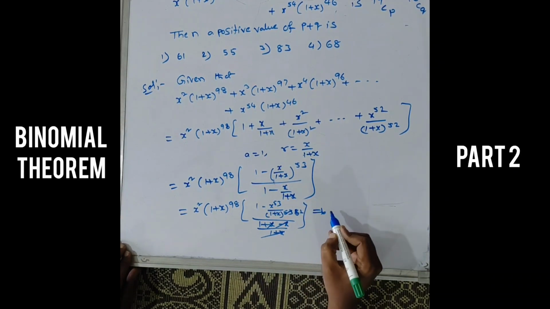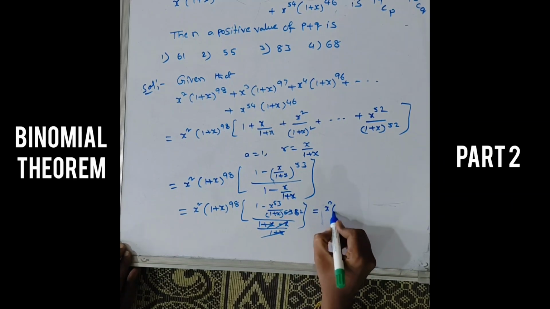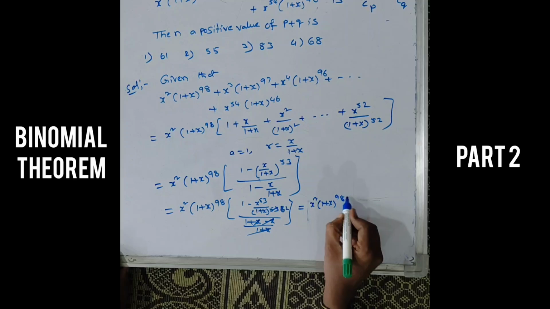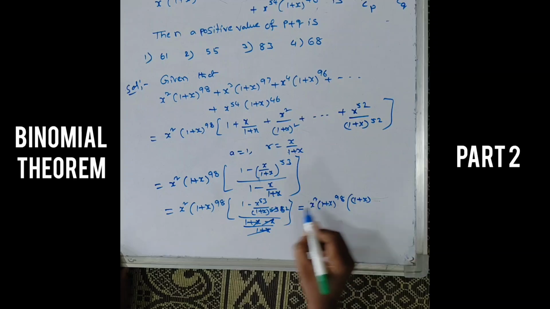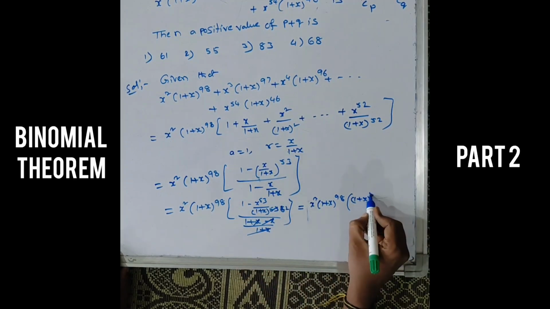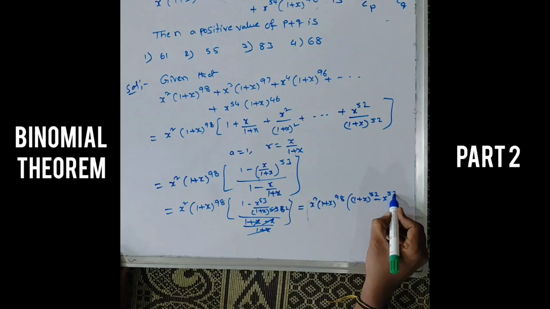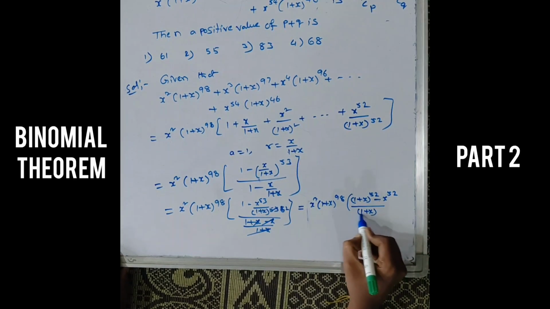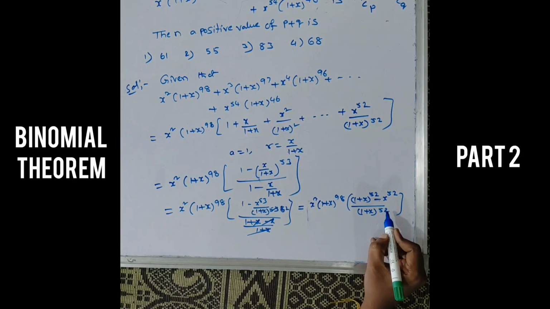This implies that it is equal to x^2(1+x)^98 times (1+x)^52 minus x^52 over (1+x)^52.